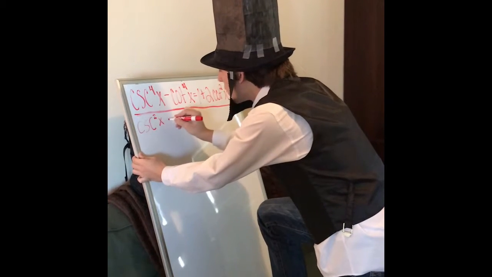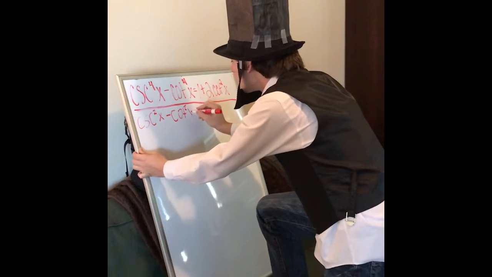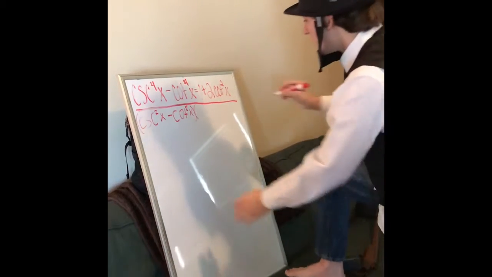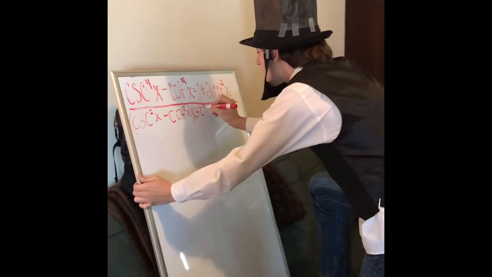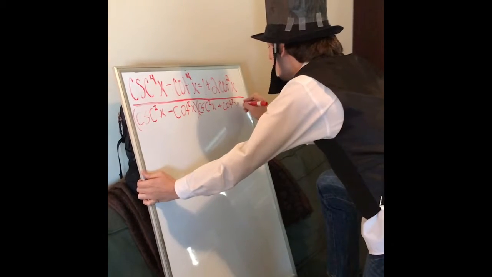We have cosecant squared minus cotangent squared. And then we're going to have cosecant squared plus cotangent squared. Difference of squares.